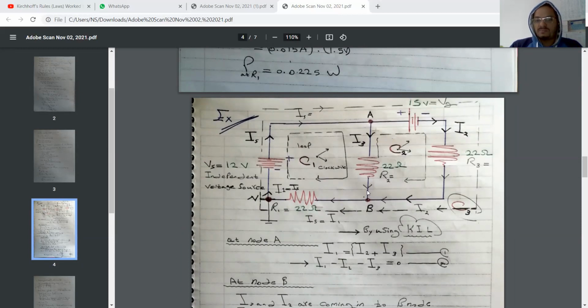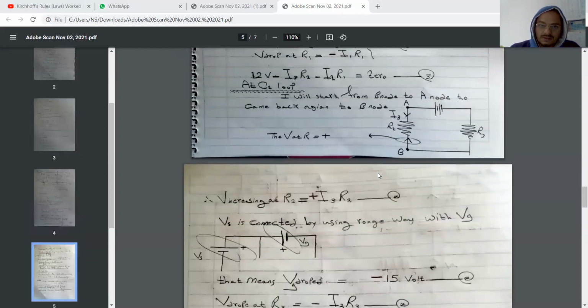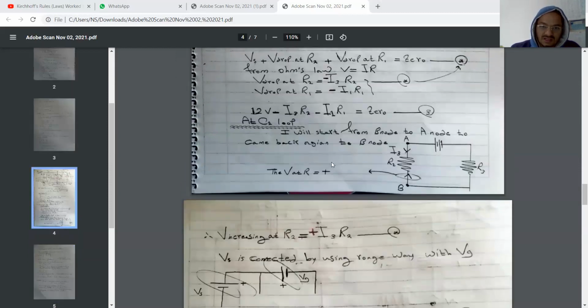But I will start from B to A. That means here the voltage drop at R2 will be plus, not minus, positive, not negative. Let's go to the details.